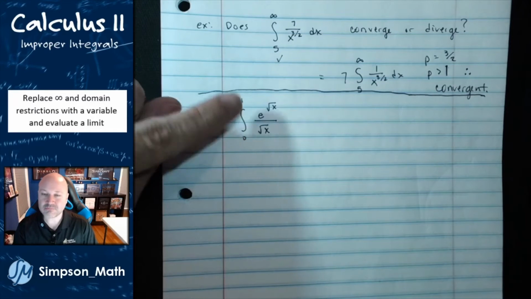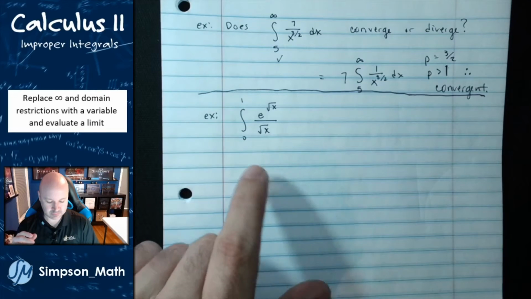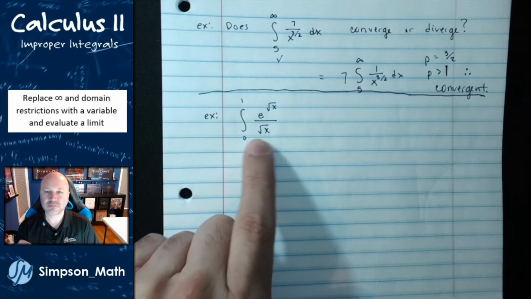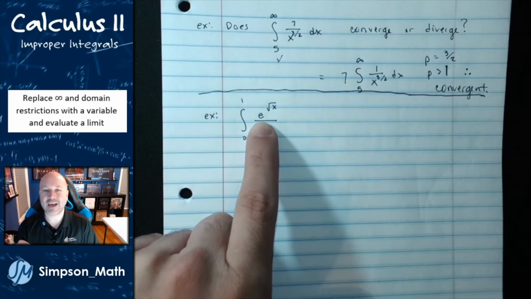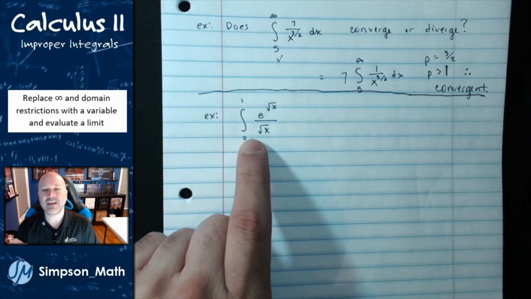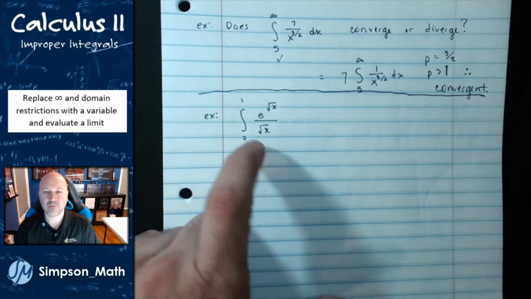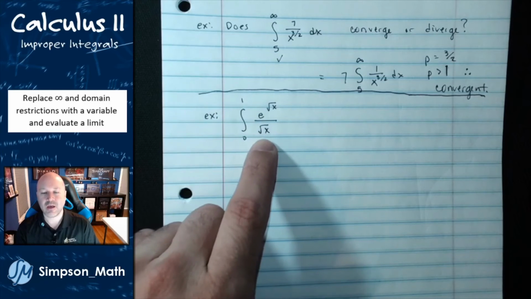Look at this function. I only care about it from 0 to 1. What happens if I plug in 0? Square root of 0, I can't divide by 0. That number is not even defined in my function. There's something going on at 0. I think 1 is okay.